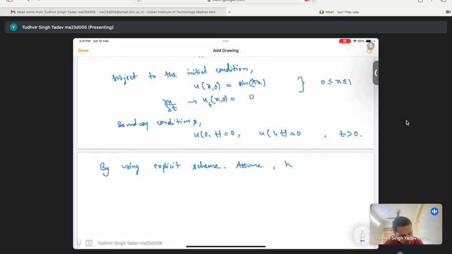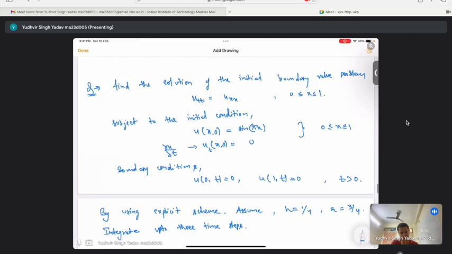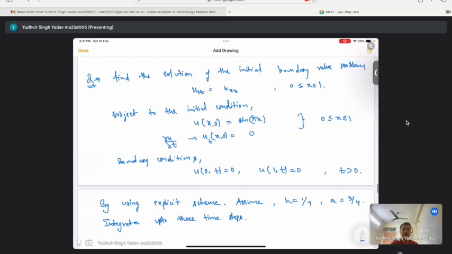And we have to assume that the step size h is 1 by 4, r is given to be 3 by 4, and we have to integrate using the following explicit scheme up to 3 time steps. So this is the given problem, complete problem.